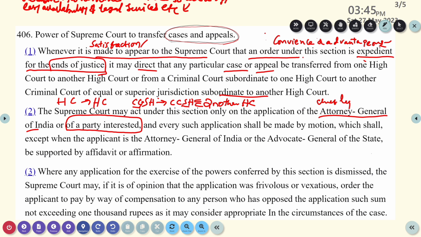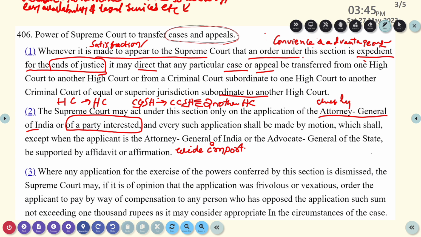A party interested. So this phrase has wide import, that means wide significance.